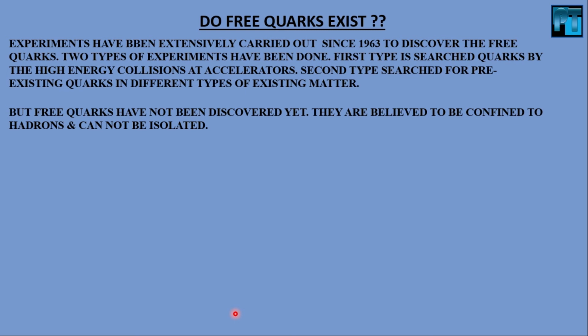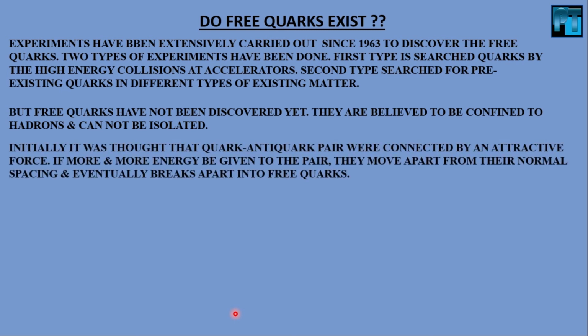Since none have discovered a free quark, scientists have believed that they cannot be isolated, they are confined in the hadrons. But initially it was thought that they are a quark antiquark pair, gluon type, using gluon as a mediator. So if we can give enough energy to that quark antiquark pair, obviously they become separated from each other with enough energy.